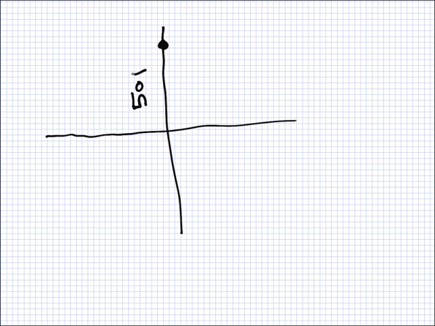A car is 50 metres from the centre of a crossroad and heading north. No, sorry, from the north. So let's draw this picture. Here's the car. It's 50 meters away, and it's heading south at 10 meters per second.